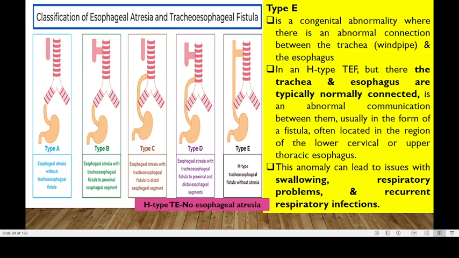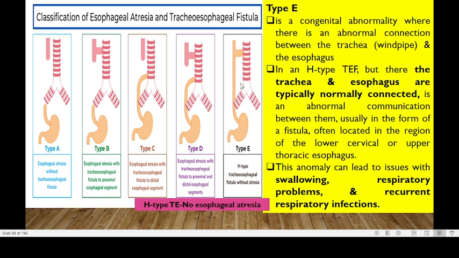So the tracheoesophageal fistula is there, but the esophagus is connected normally, right? So in type E, tracheoesophageal fistula, we don't have esophageal atresia.